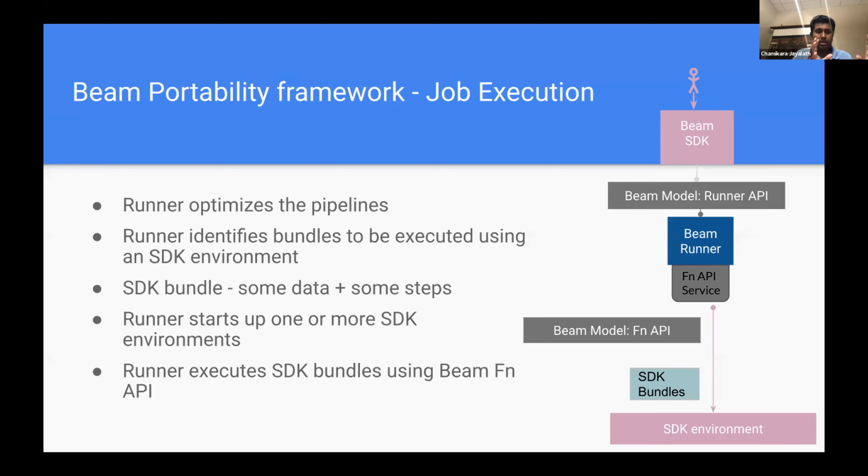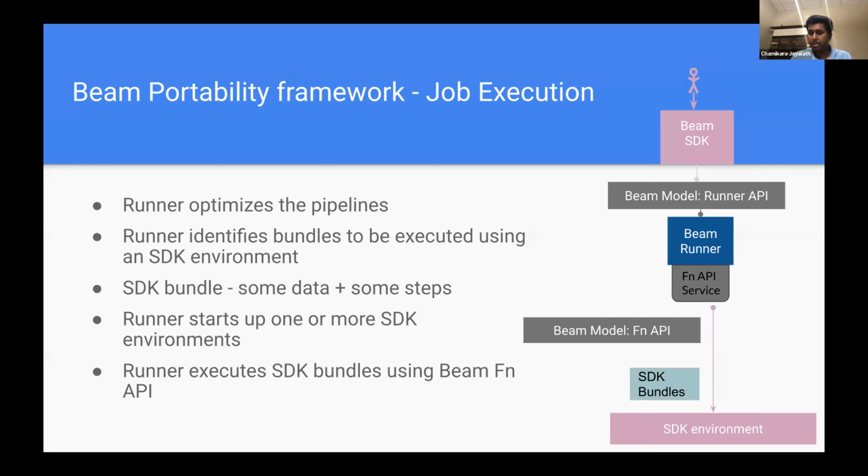And the steps will include some of your steps that have to be executed on this data. Now, once the runner splits your pipeline into a bunch of bundles, what it does next is it starts up the environments that are needed to execute these bundles. After that, the runner would execute these bundles in these environments. Now, to do this in a standard way, the Beam Portability Framework introduced another API.